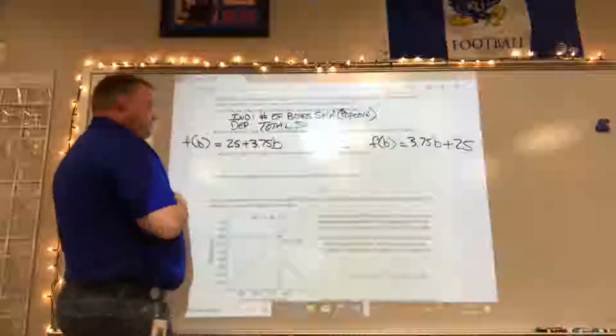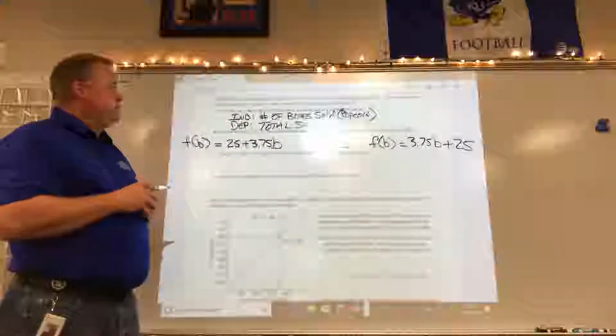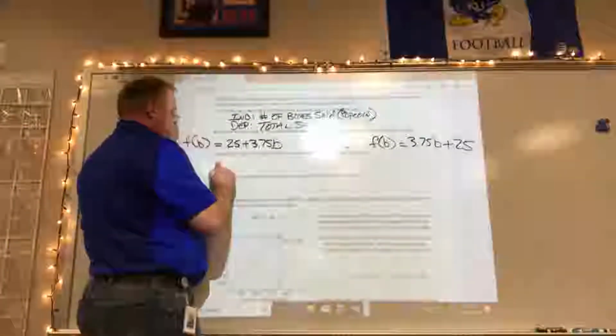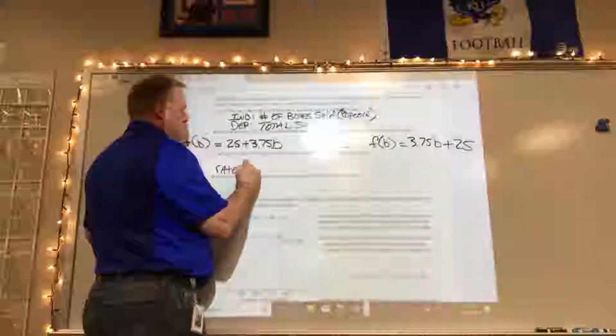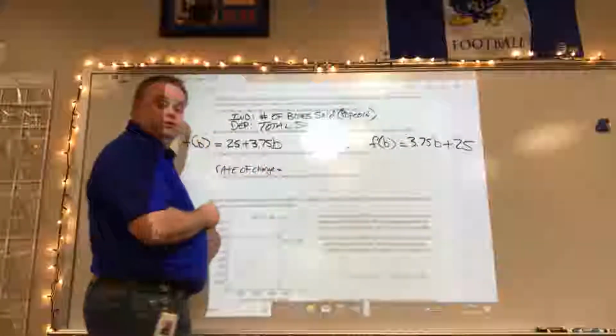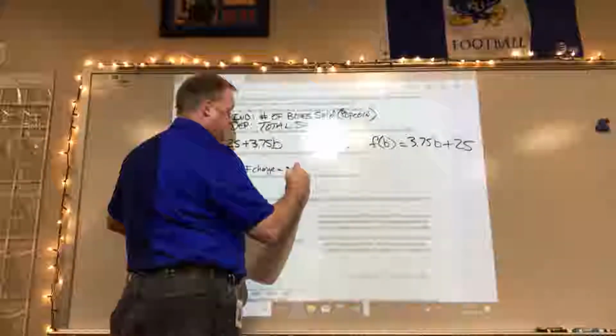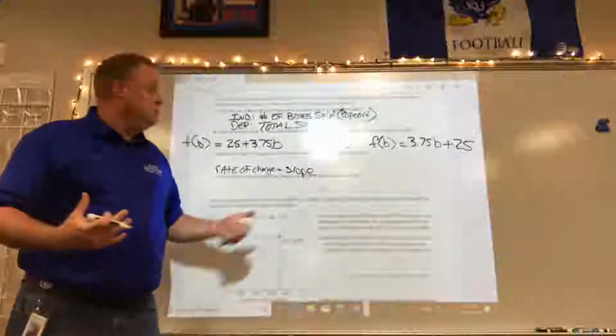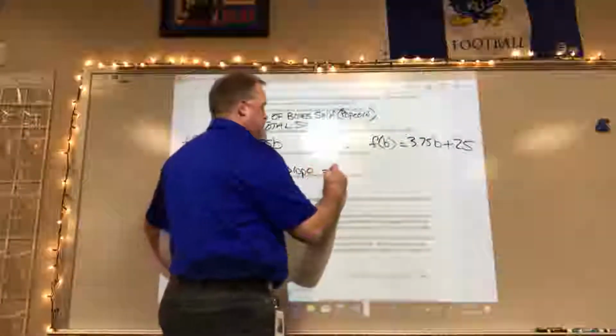All right? So, what is the rate of change and what does it represent in this problem situation? Well, remember, rate of change is equal to slope, right? And in this case, what is my slope? Well, it's 3.75.